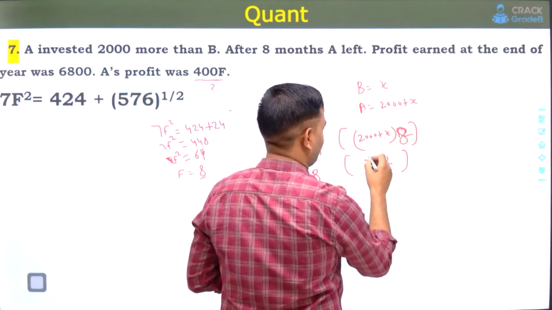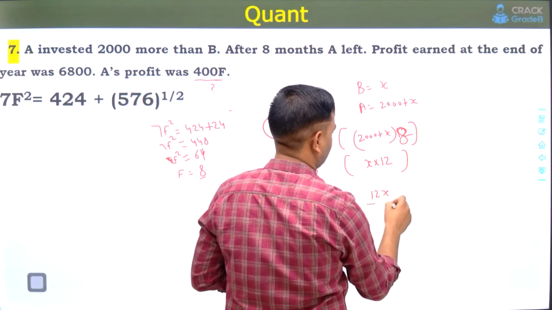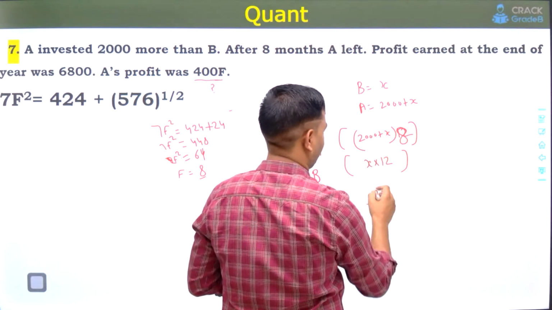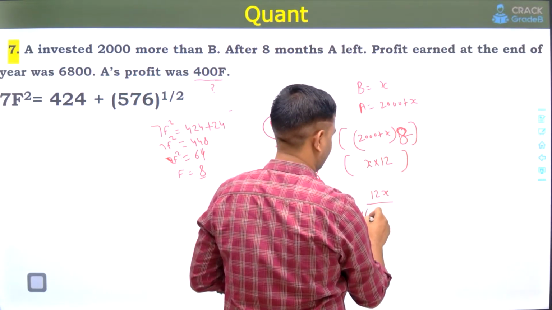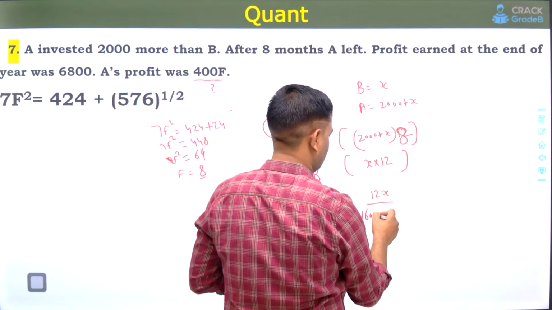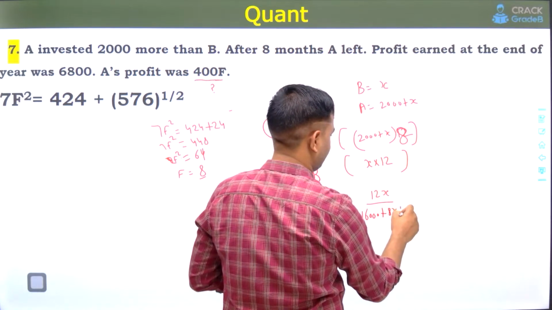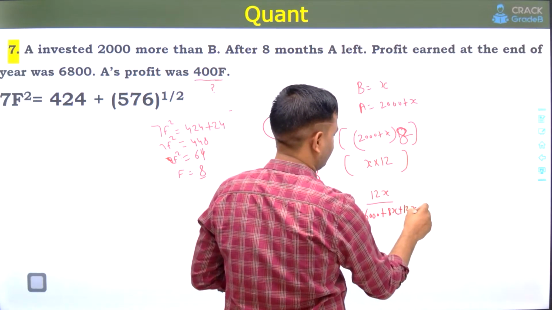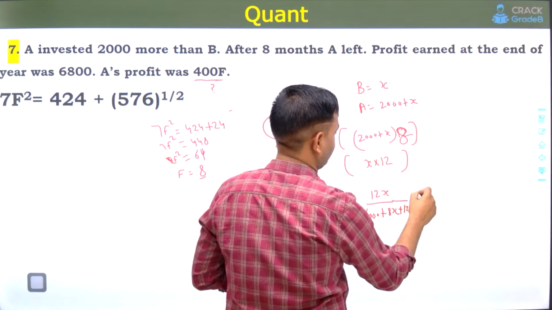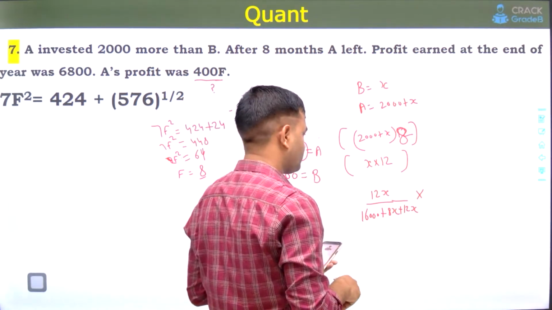Total investment. Suppose if we have to calculate B's profit, then we will use this.